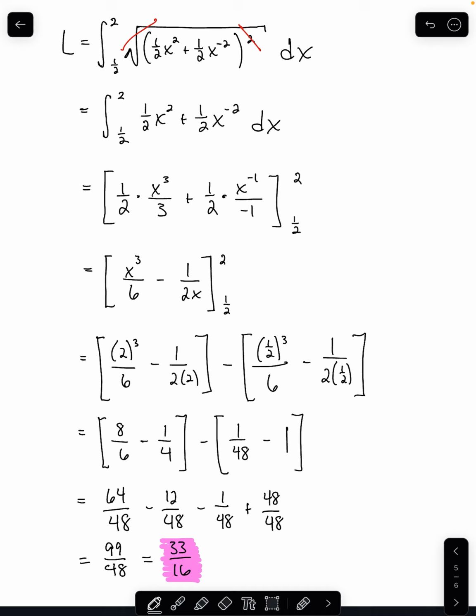For example, suppose we have the graph of (y minus 1) cubed equals x squared. Now this currently is not in terms of x or in terms of y.